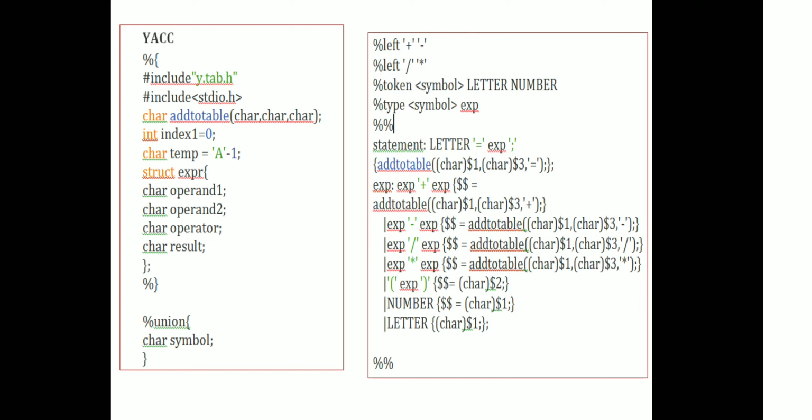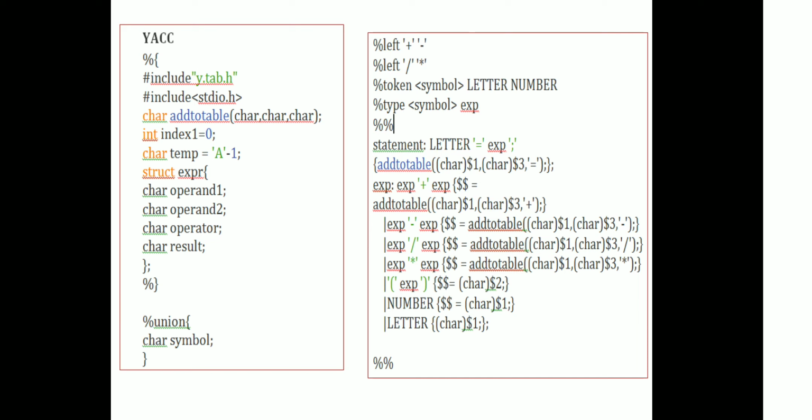These are stored into the structure, and we need to create an object of that structure, that is expression, with the size of that particular structure. So this is all about the declaration section.